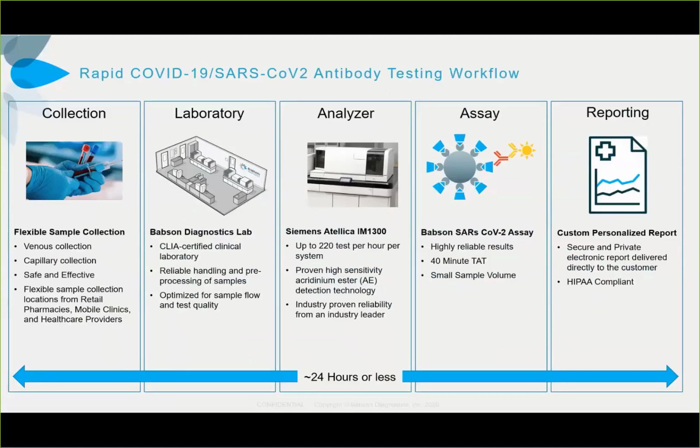So let me walk you through the Babson Diagnostics antibody testing workflow. We offer flexible sample collection, both venous and capillary systems, some in development, but many are FDA cleared or Class 1 devices. We have flexible sample collection from retail pharmacies.